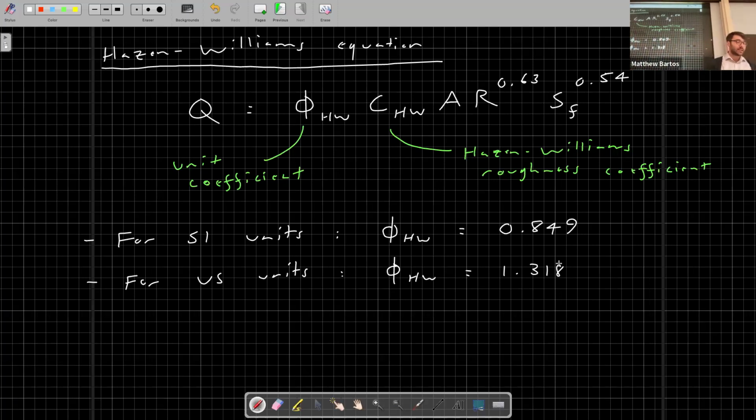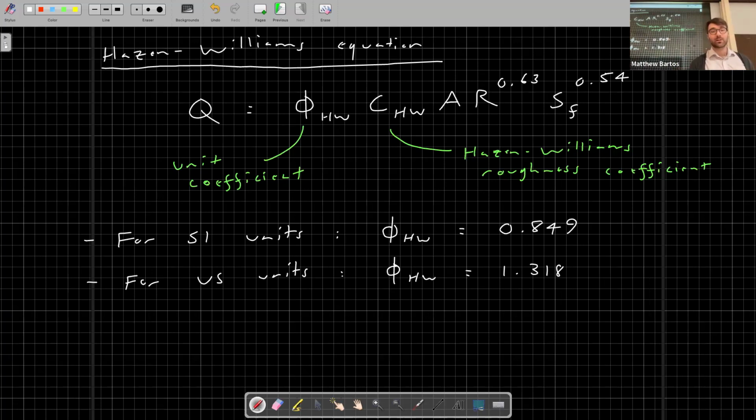So as I mentioned, the Hazen-Williams equation is really used primarily for design of water distribution networks in the United States. It does have limitations in its applicability, just like the Swamee-Jain or Manning's equation have.